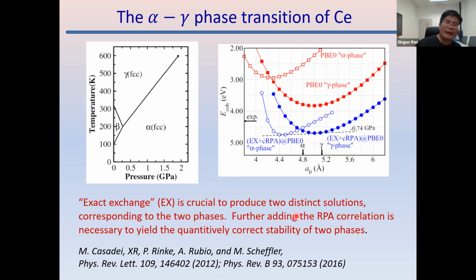So this example shows that the RPA correlation energy is really crucial to correctly characterize the different polymorphs of crystals. Actually, similar calculations have been done for several other materials, and in quite a few of them, RPA is the only approach currently which can correctly describe such energy differences.